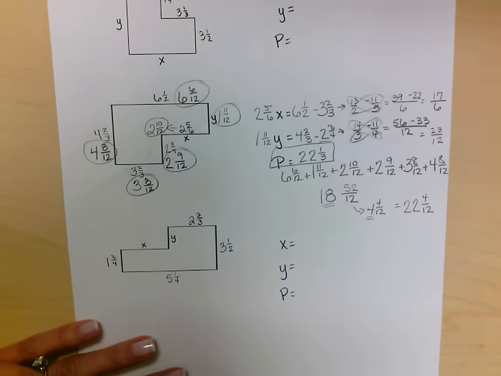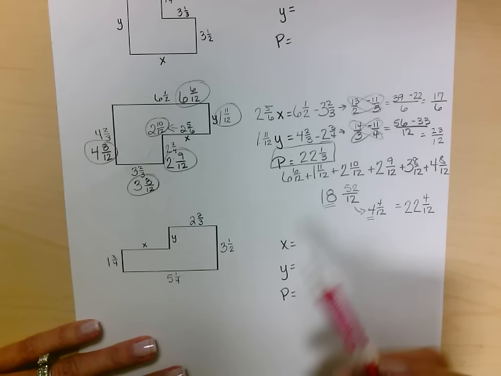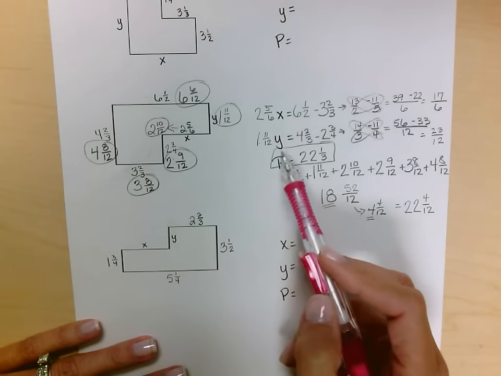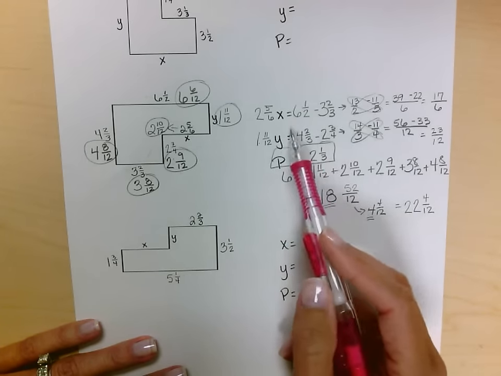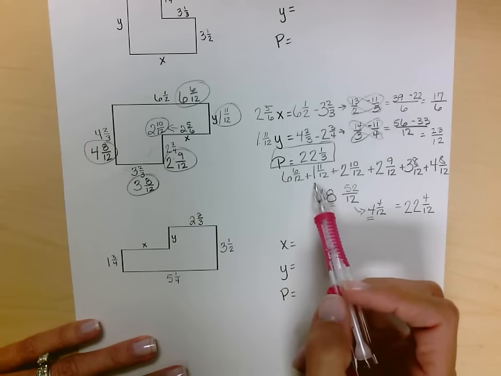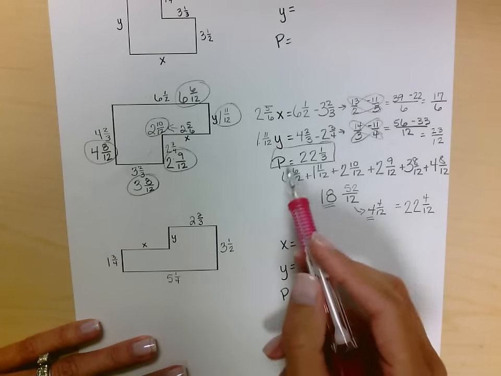I know this is a lot of work, but I also know you guys can do it if you take your time. Keep referring back to this. Notice how we found x and how we found y. Look at what we subtracted. The bigger piece minus the smaller piece. Then to find the perimeter, we changed everything to having a common denominator. I wrote them all down here.